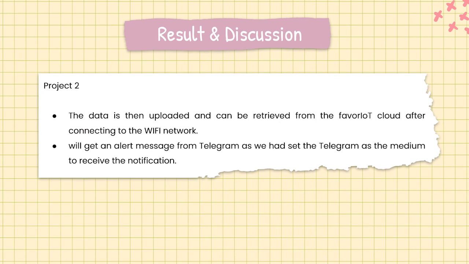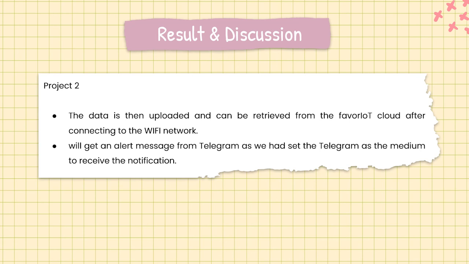Result and discussion for project 2. So at the end of this project, the data is uploaded and can be retrieved from the Favoriot IoT cloud after connecting to the Wi-Fi network. It will also send an alert message from the cloud to Telegram, as we had set Telegram as the medium to receive the notification.